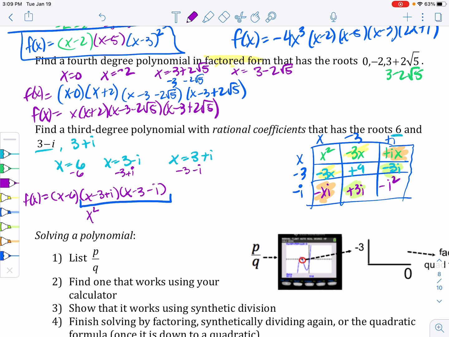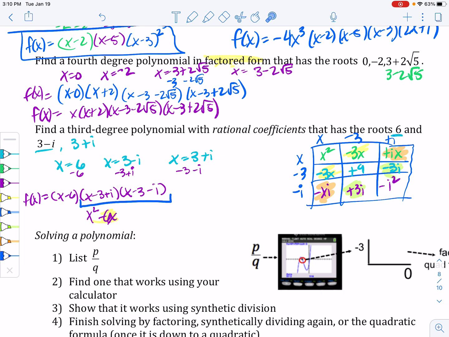So x squared, and then minus 6x. And then here, these are like terms. Even though I have the xi and ix, they're still like terms because they have the same variable with the same exponent. This is negative 1, this is positive 1, so this goes to 0. If I look at these like terms, I have positive 3 and negative 3, which goes to 0.